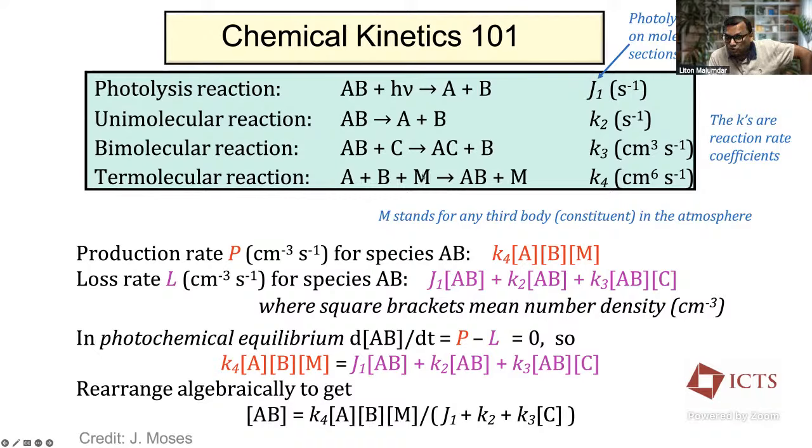Then you can also have 3-body reactions, which are basically termolecular reactions. So you have A plus B with M giving you AB plus M, and the corresponding reaction rate coefficients are shown here. M stands for any third body in the atmosphere.